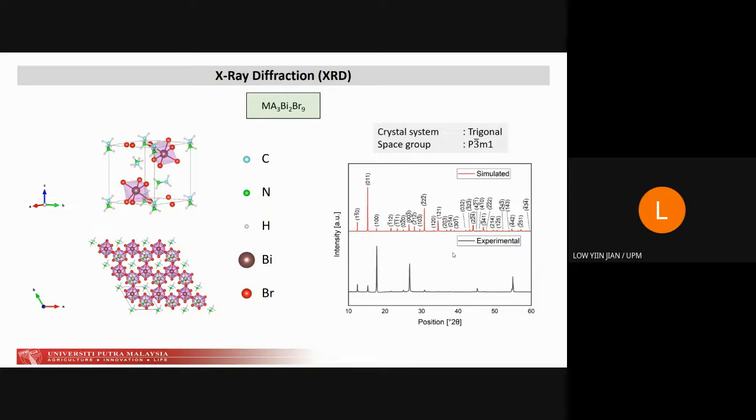All of the peaks match the simulated XRD pattern, but with a different peak intensity ratio. This will be explained and discussed further on.